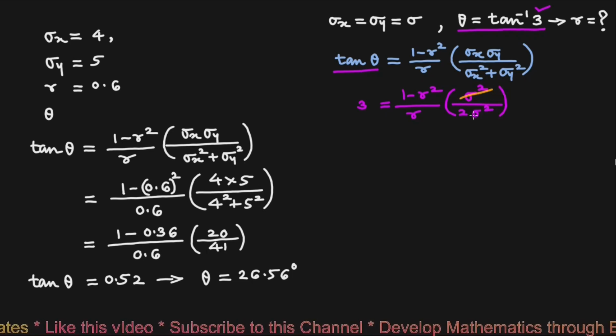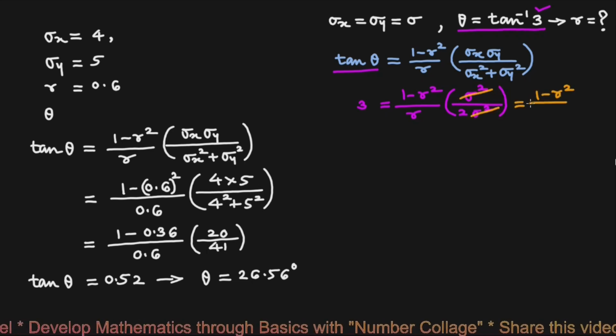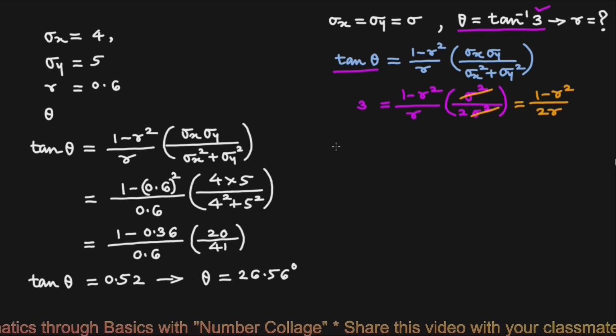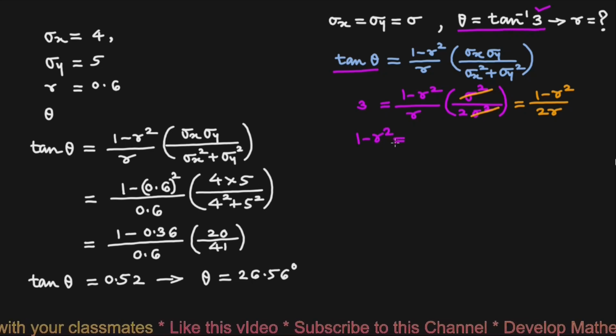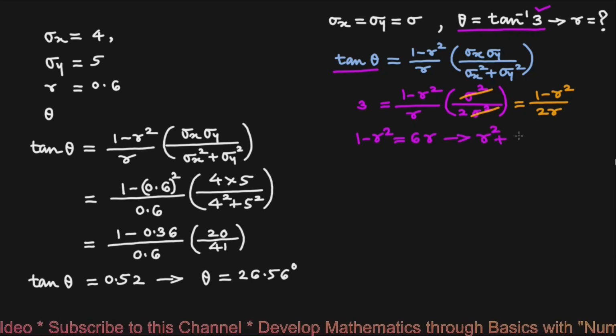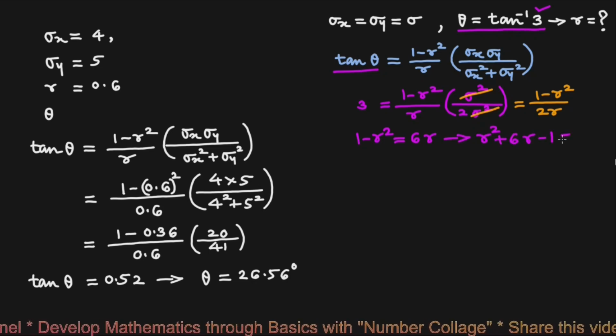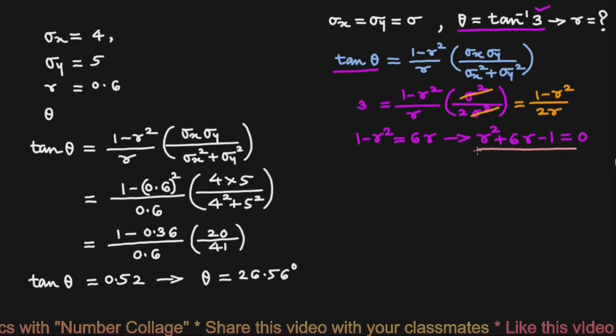Sigma square cancels here and we get (1 minus r square) upon 2r. After cross multiplication, we get 1 minus r square equals 6r, or r square plus 6r minus 1 equals 0. We will solve this quadratic equation by the quadratic formula.